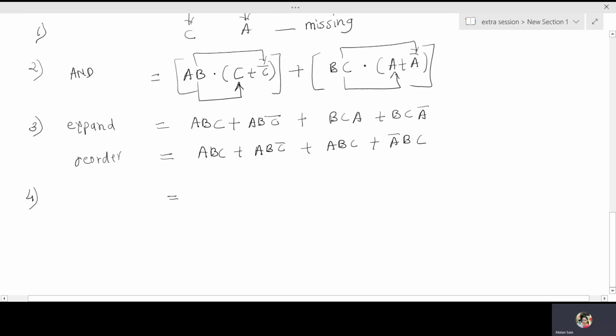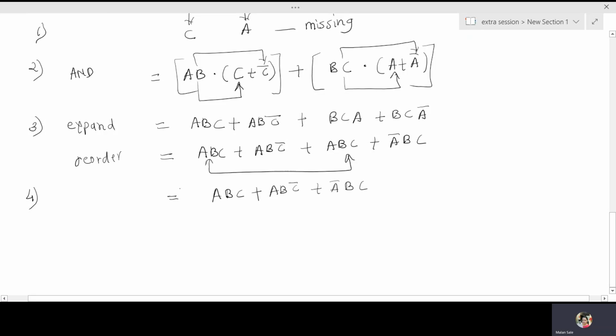In this expression, ABC is repeated. The product term ABC is repeating. So we are omitting this to 1. ABC plus ABC bar is not repeating, and A bar BC is also not repeating. So I am writing the product terms ABC plus ABC bar plus A bar BC.